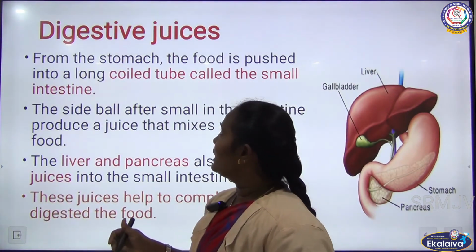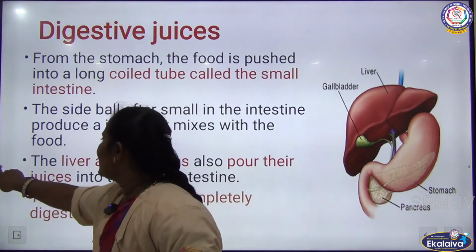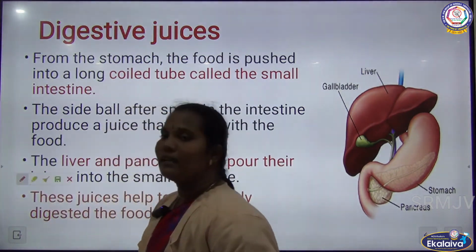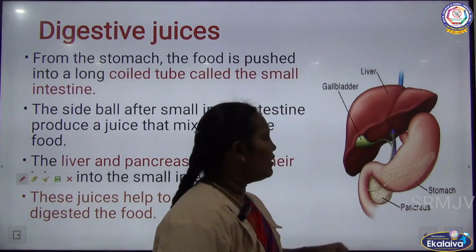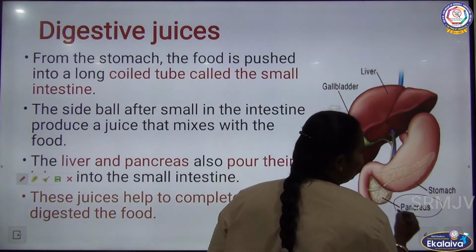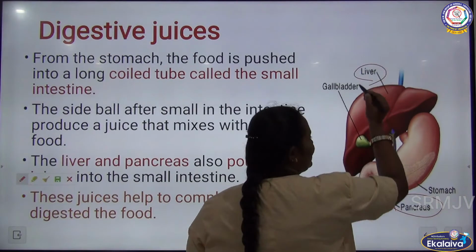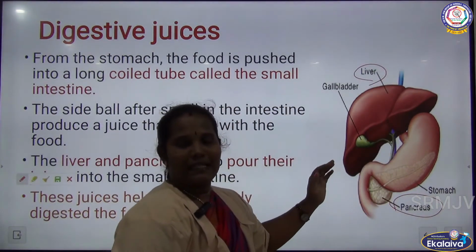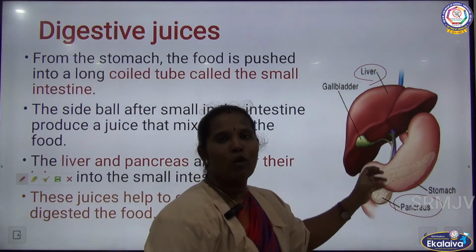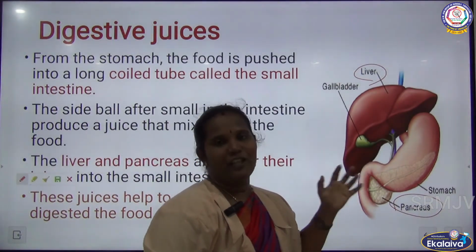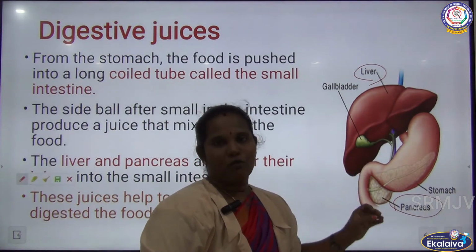Next we have to see digestive juices. Some digestive juices are also secreted by other organs. What are they? One is the liver, and another is the pancreas. The liver lies near the stomach, and both secrete digestive juices into the small intestine.